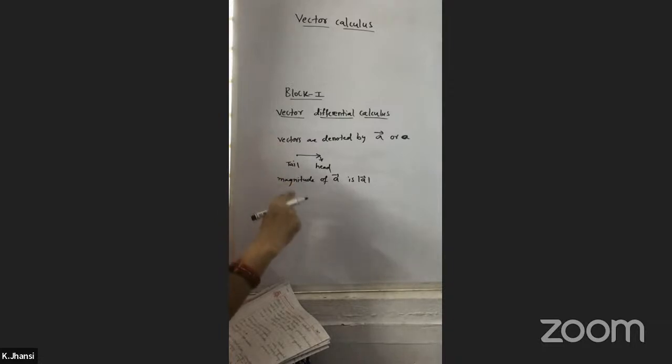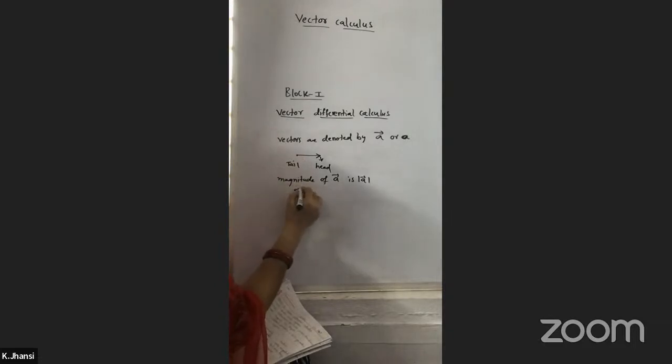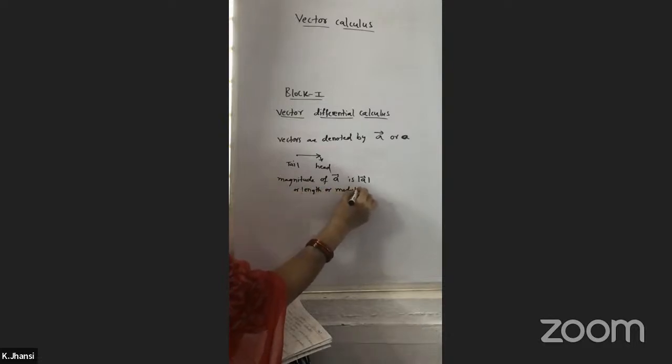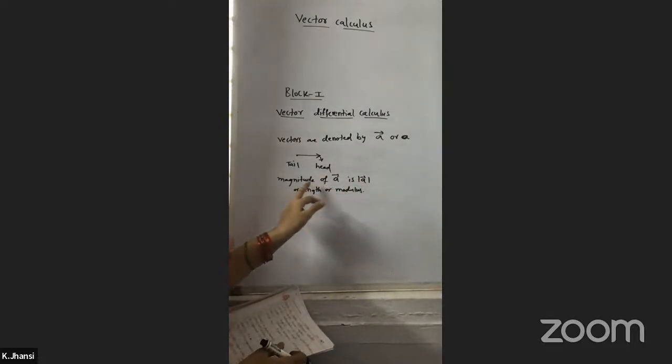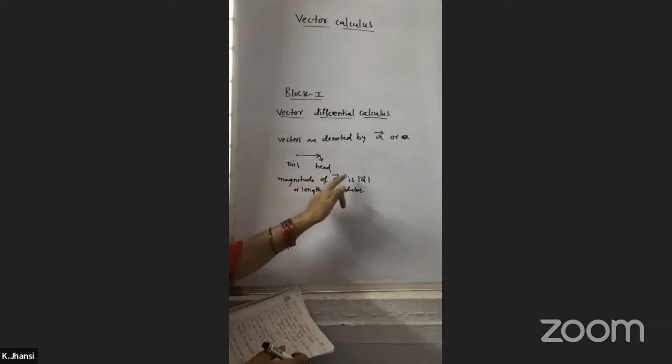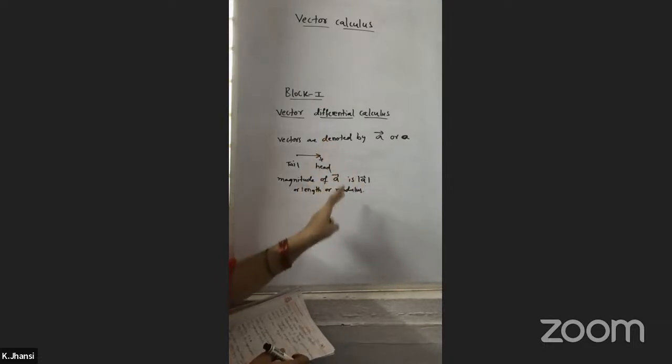So two lines will be there, and inside them we write the vector. So you can call it in any of these three ways: magnitude of A, modulus of A, or length of A.